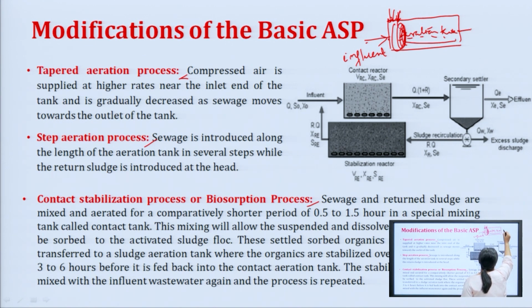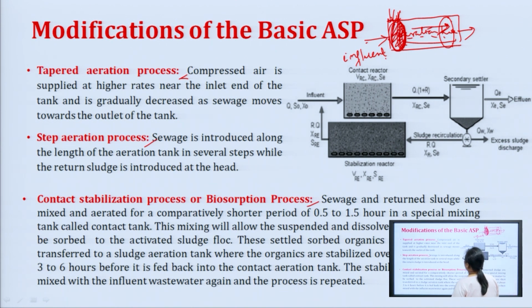What is happening, जो इन्फ्लुएंट है यहाँ पे तो उनका जो एयर कंजम्पशन है वो ज़्यादा होगा, राइट. बट एज यू गो डाउन द एरेशन टैंक, this would part of this would have got oxidized, राइट. तो यहाँ आते आते काफ़ी सारा ऑक्सीडाइज हो गया होगा, तो आपको ऑक्सीजन उतना यहाँ नहीं चाहिए या आप वेस्ट कर रहे हो, राइट.